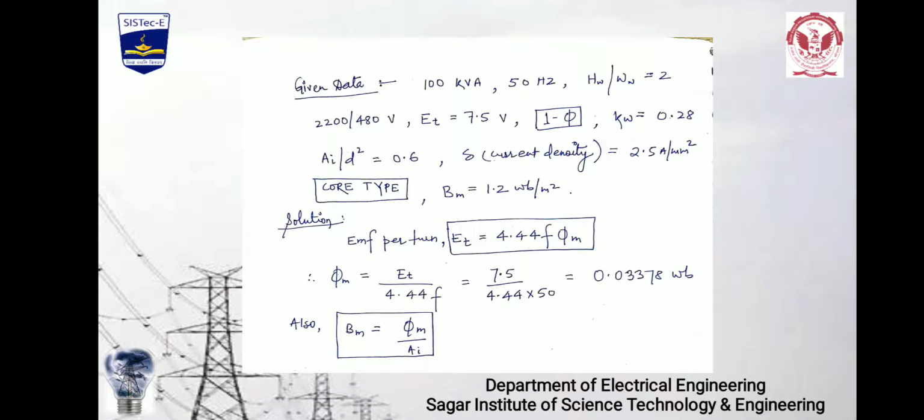Now let's proceed to the solution. EMF per turn, which is represented by ET, is equal to 4.44 F phi m. From this equation, phi m is equal to ET upon 4.44 F, which is 7.5 upon 4.44 into 50, equal to 0.03378 Weber.